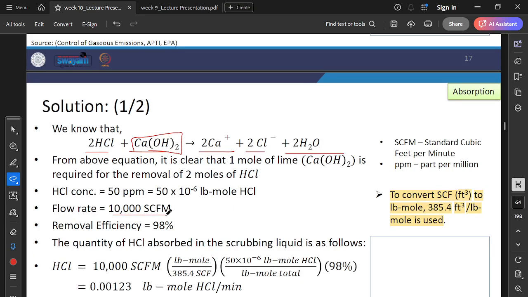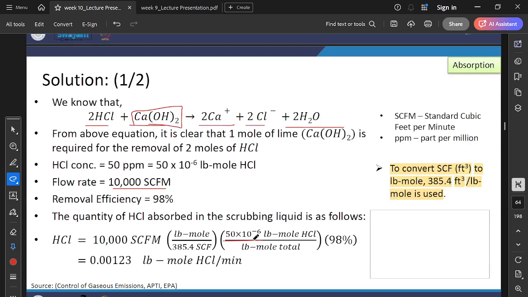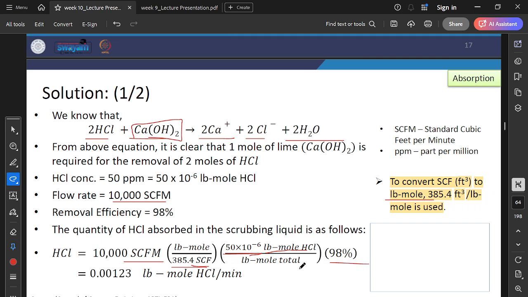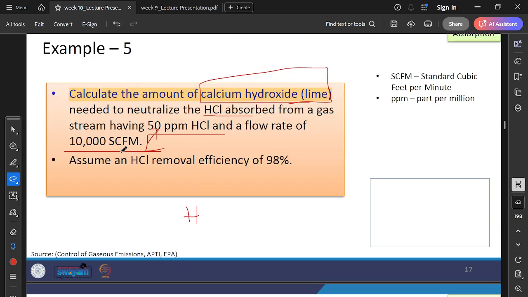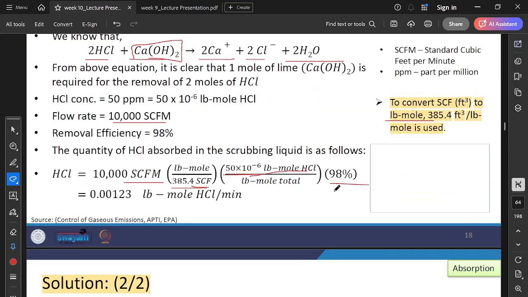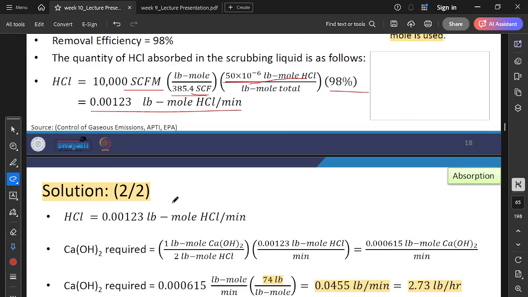So 10,000 into 50 into 10 power minus 6, that is in ppm, and lb moles per 385.4 feet cube per mole will be the conversion factor for SCFM into pound moles. Only 98% will be absorbed, not all of the 50 into 10,000. Only 98% is the efficiency. If you multiply, you will get the HCl concentration that is the total getting absorbed.